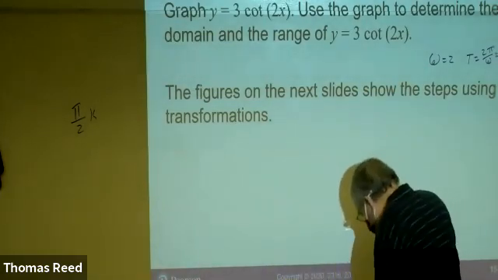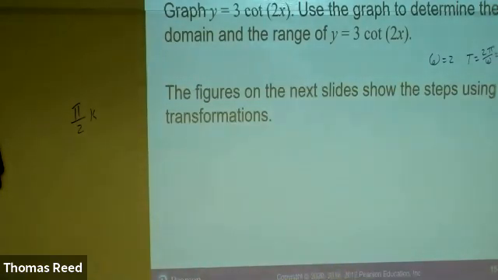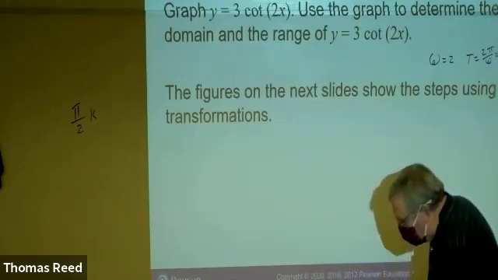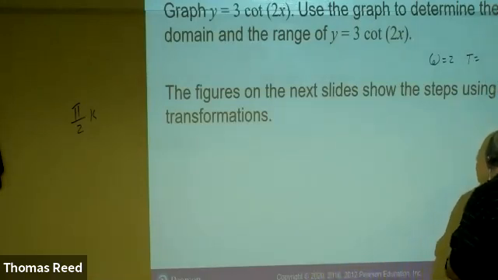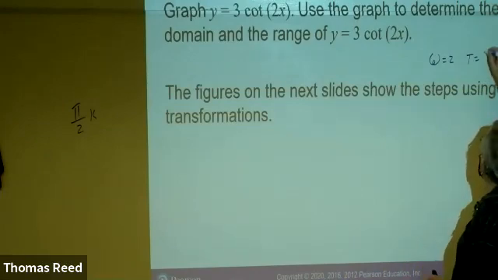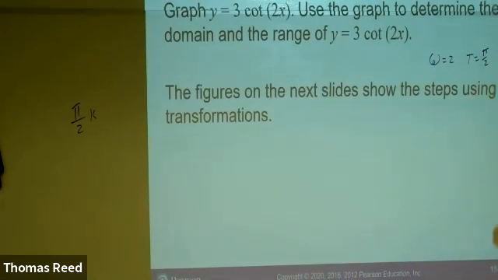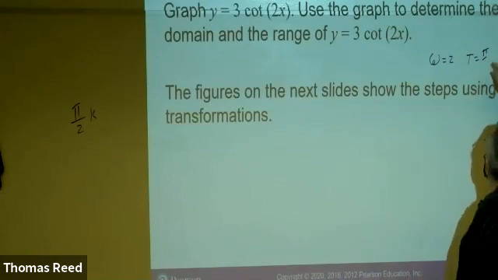The period for cotangent is pi. So now it's going to be pi over 2. The 2 pi was for sine and cosine. Pi is for tangent and cotangent. And so we divide that by omega, which gives us pi halves.